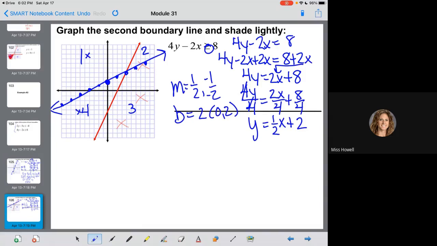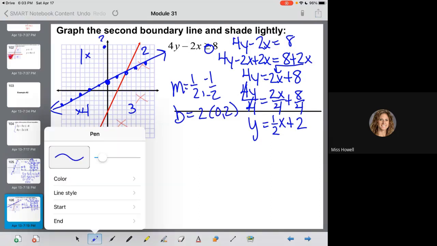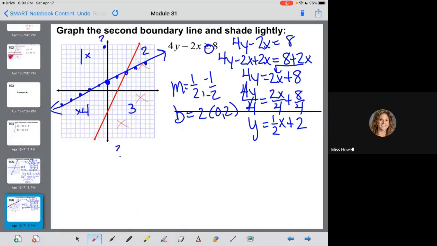So if we shade down from the blue line, if we shade down here, section 3 is our answer. If we shade up from the blue line right up here, then section 2, this red X, there's a red X up here where 2 is. I'll add another one in there so we can see, this little red X here is really up here. It's this whole section right here.